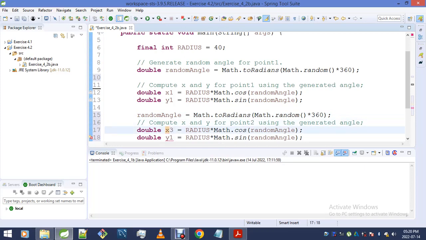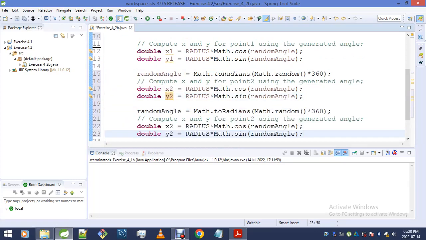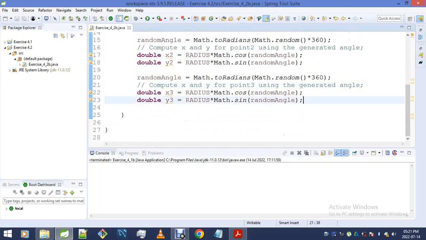I'll put a 2 there. Not 3, a 2. Same thing applies for my third point. Gotta replace those 2 with a 3. Okay. Now I've got 3 angles and their corresponding x, y values.